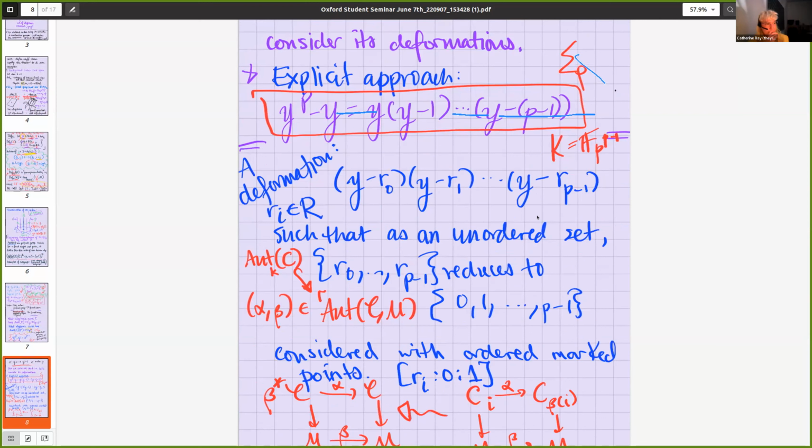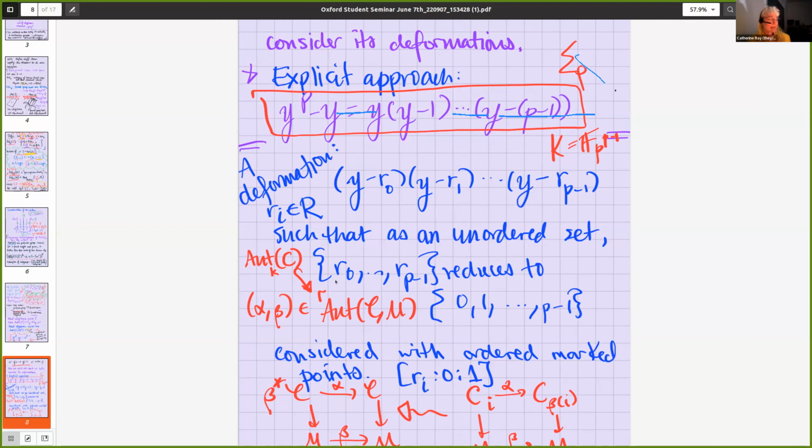What I mean by that is that the deformations of the curve y^p minus y over F_p, over an Artinian local, or a complete local K algebra, can be reduced to just deforming p points on P1, on P1 of R.